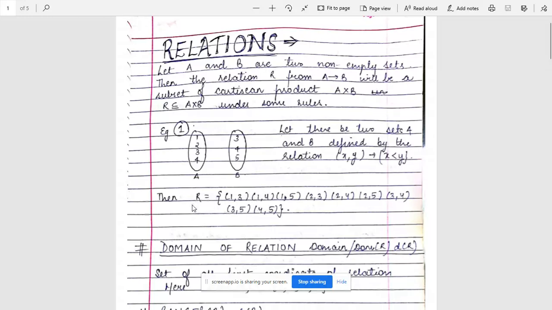Then our relation will be (1,3), (1,4), (1,5), (2,3), (2,4), (2,5). Then (3,3) will not be there, means the equal to condition is not there. (3,4), (3,5). Then (4,4) will not come, as it becomes equal, so (4,5). So this is a relation set which is defined as capital R equals to this.